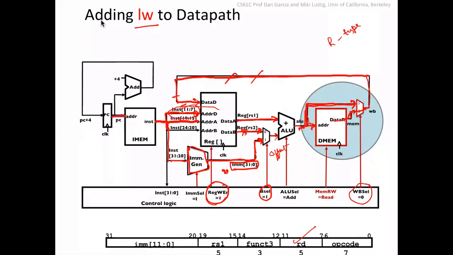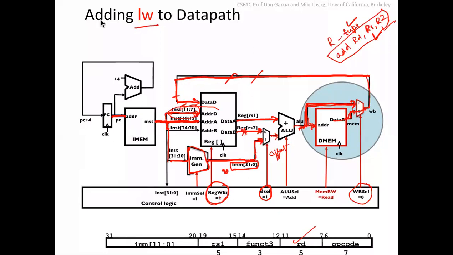When you are doing, say, add RD, R1, R2, this is the instruction. We need to take two values, R1 and R2, and then bring the result to register RD.